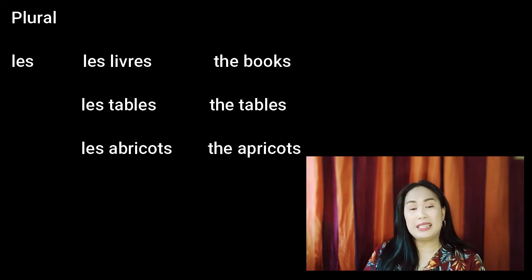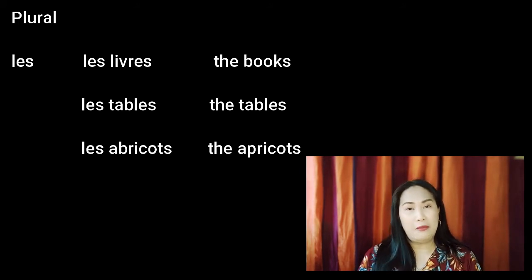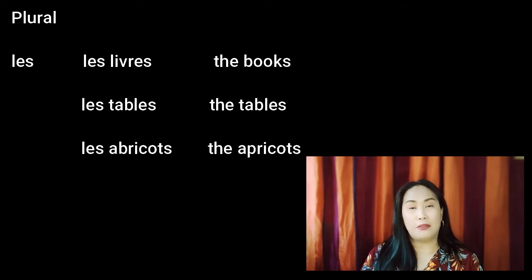So we have to remember that in French we have liaison. As you can see in the words les abricots, the S from les is a consonant and the A is a vowel. In French, we have to connect the words, which means if the last letter of the first word is a consonant and the first letter of the second word is a vowel, we have to link them.